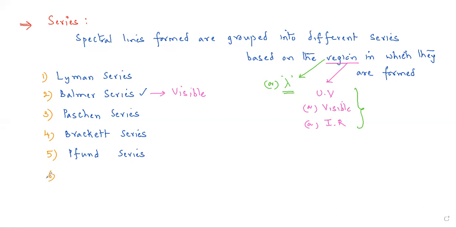And finally, there is something called the Humphreys series. So these are the 6 series that were classified on the basis of the region in which the different spectral lines are formed. Lyman, Balmer, Paschen, Brackett, Pfund, and finally Humphreys.